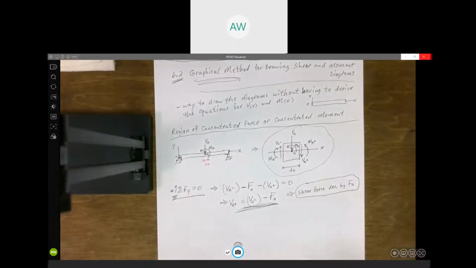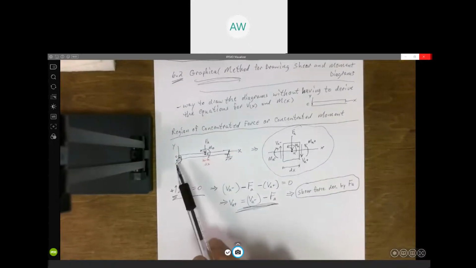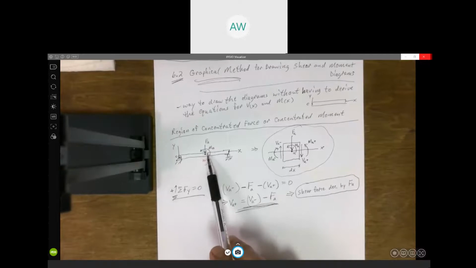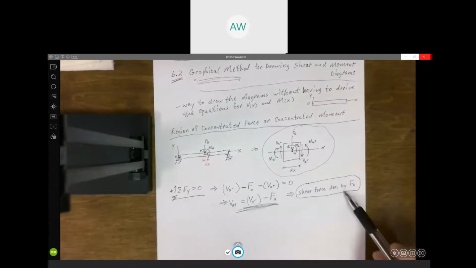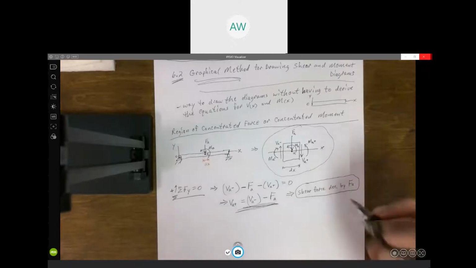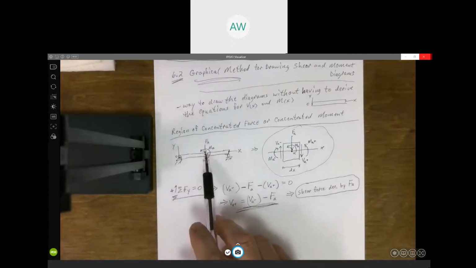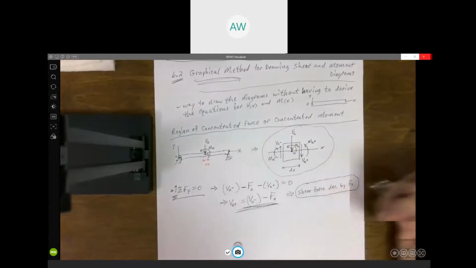So if I've got a beam like this and I'm trying to draw my shear diagram, whenever I come to an applied load like this, my shear diagram is going to go down by whatever that applied load is. Now, a couple of things to keep in mind here. This was for the force acting down. The exact opposite would happen if your applied load was up, so just make note of that.